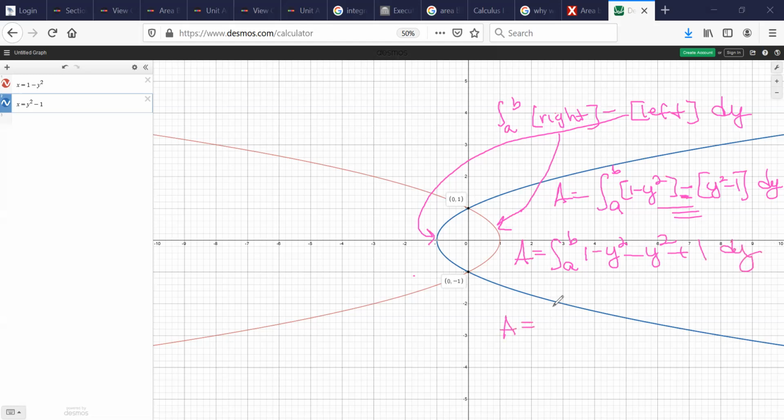So then that area is going to be the integral of 2 minus 2y squared, and the antiderivative of 2 is 2y, and that's y to the 1 over 1, so there's nothing there. And then this is going to be minus, and this is going to be 3, so it'll be 2/3 y cubed. And you're going to evaluate that from -1 to 1, because we found that.